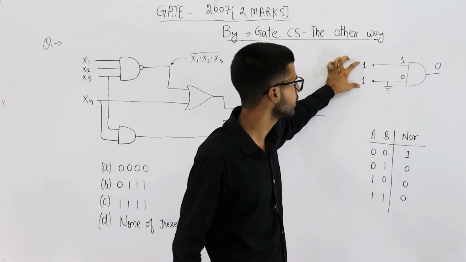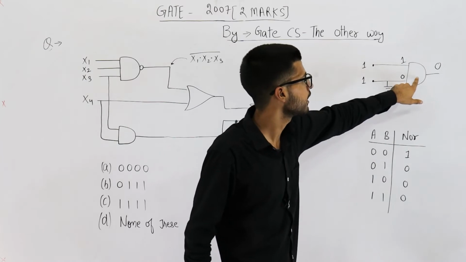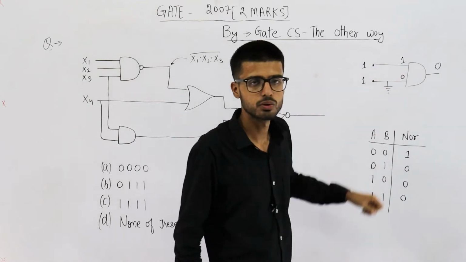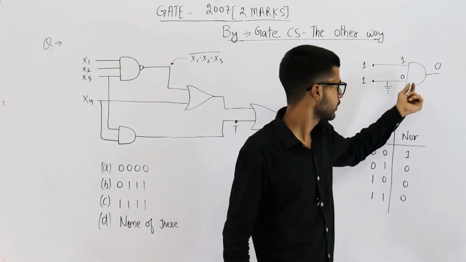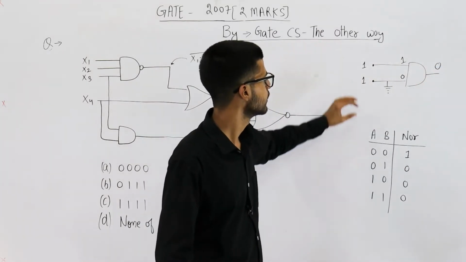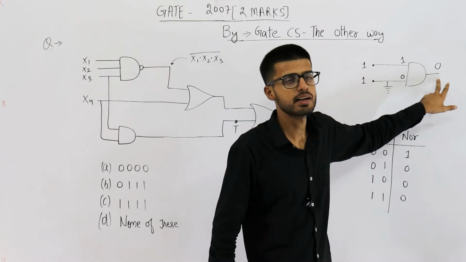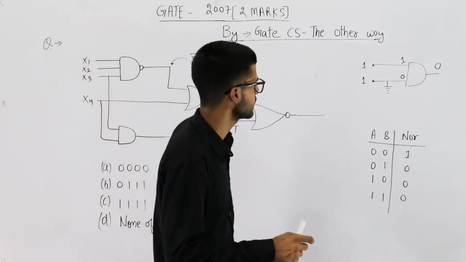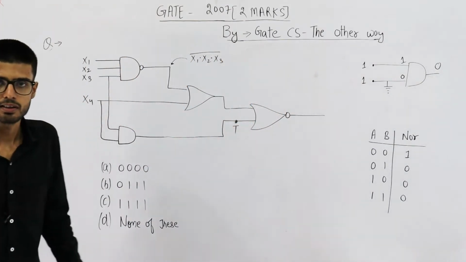Even if I apply 1, 1 here, the input that this AND gate is getting will be 1, 0. And because of this 0, it will output a 0. Now what I'll see is, I applied 1, 1, I'm getting output 0. I'll just sense that there is some fault in this circuit.